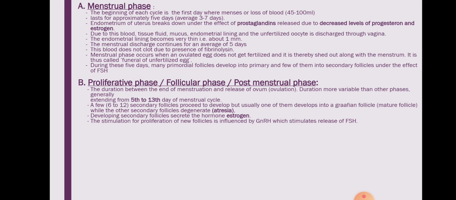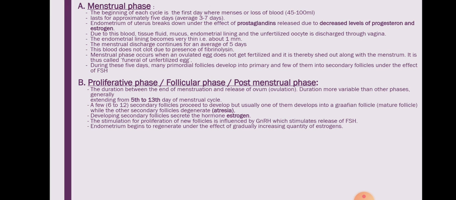Now this is all an orchestra, an endocrine orchestra. The hypothalamus stimulates the pituitary, and the pituitary stimulates the ovary for secretion of hormones. The endometrium in this phase begins to regenerate under the effect of gradually increasing quantity of estrogen.